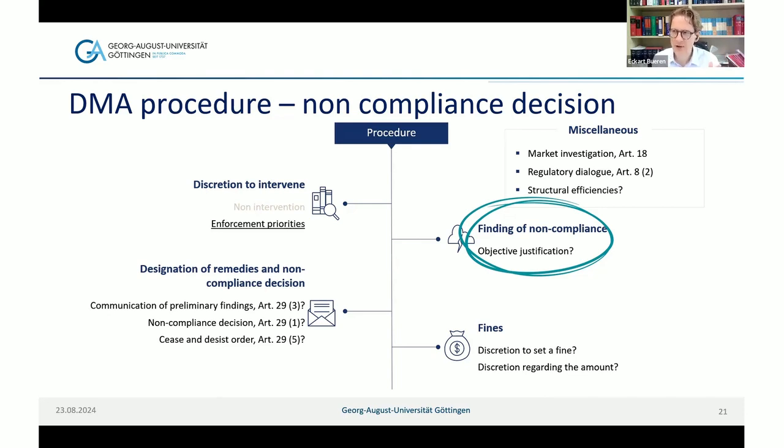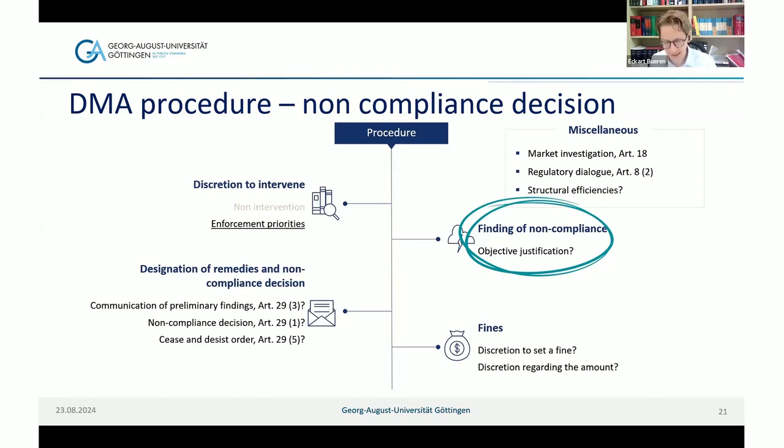We have underlined enforcement priorities because we think efficiencies come into play here. That is how I summarize my results in the following slides. So we will look at this slide again and again, and we will go down the line of the proceedings, and I will have my results summarized in that way.